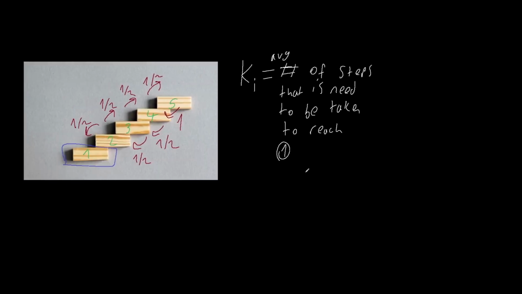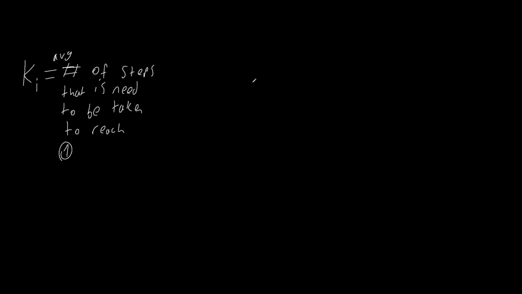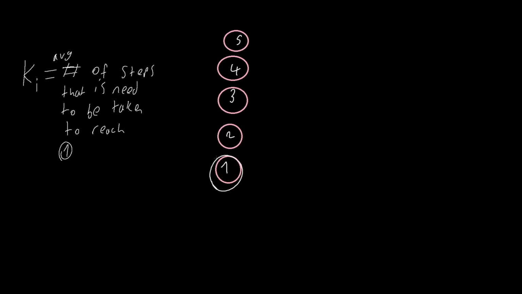Now, maybe some of you might have realized this is actually a Markov chain. And let's represent this Markov chain. So we have, let's represent it with this color, 1, 2, 3, 4, and 5. We have 5 stairs. This is the bottom stair, and this is the stair that is on the top.